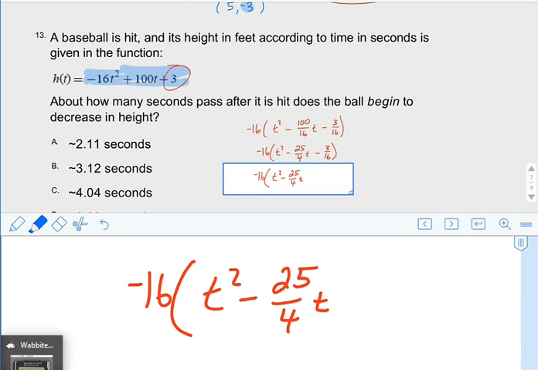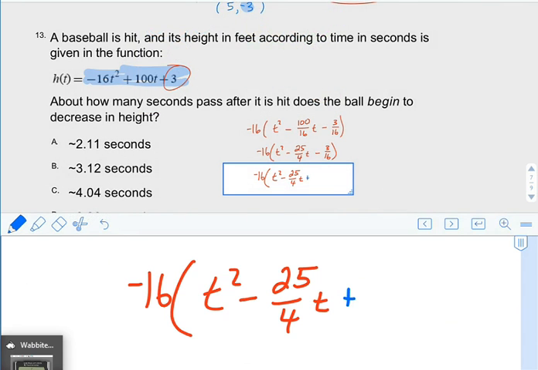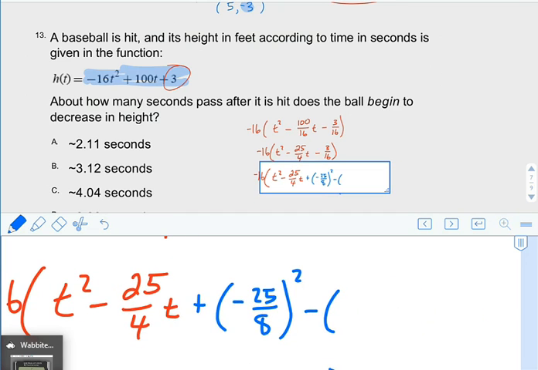Now here's the half value. Let me change pen color so you see it. I'm going to add negative 25/8 squared. What's half of 25/4? 25/8 squared, and subtract negative 25/8 squared.